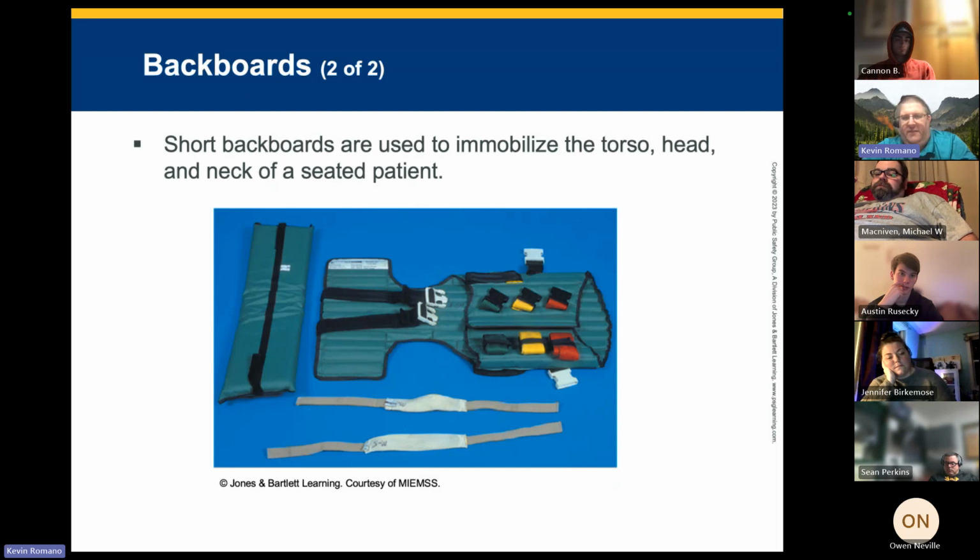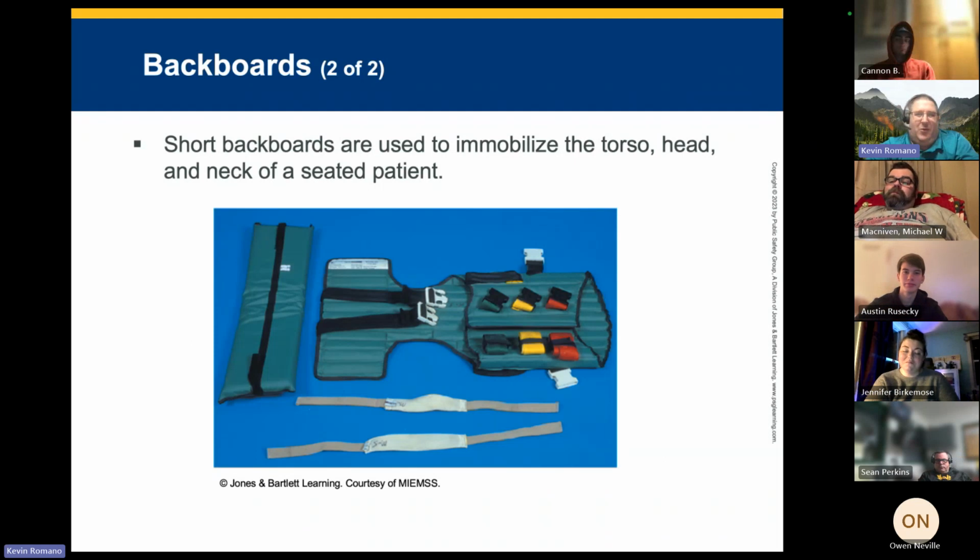And honestly, for the longest time, for Maine providers, from like 2001, 2002, this was actually a med control order to use in Maine for a while. If you go back to the old protocols, everybody still did it anyways without calling, but it had a little phone next to it. It was actually a med control order to use a KED. But history is history. It's always good to see how we've evolved since then.